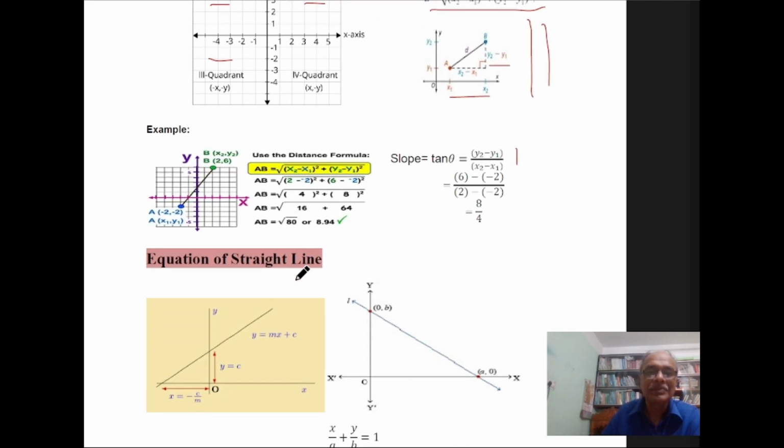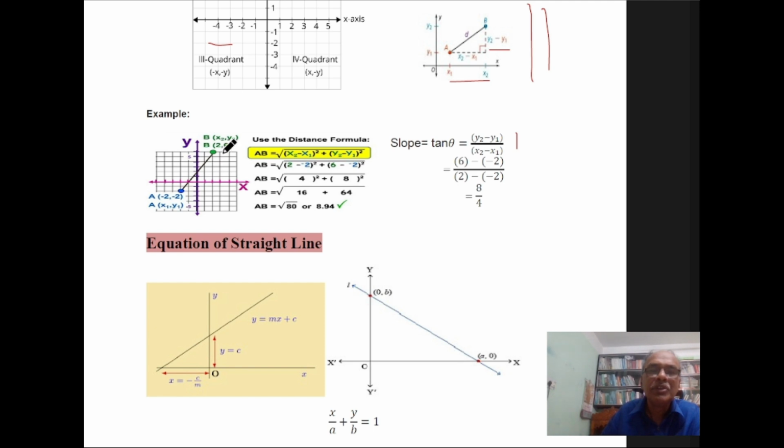Our example is that suppose you have to find the distance between the points (minus 2, 2) and (4, 6)... Here you see, so what will the distance be? Distance equals root over of x2 minus x1 whole square plus y2 minus y1 whole square. x2 means 2, x1 is minus 2, so 2 minus of minus 2 whole square, y2 is 6, y1 is minus 2, substitute the value.